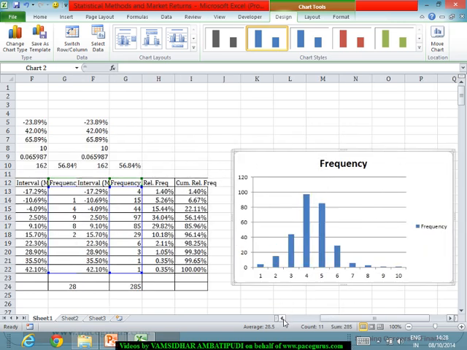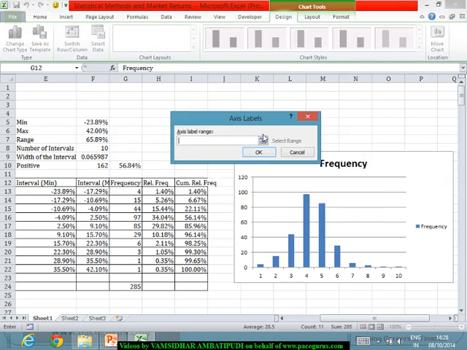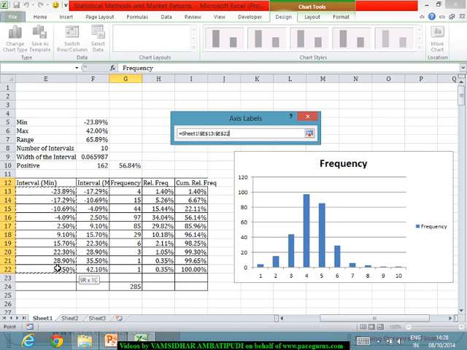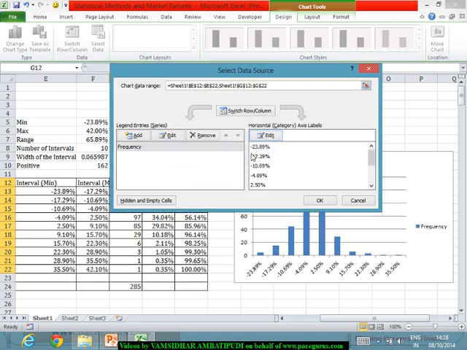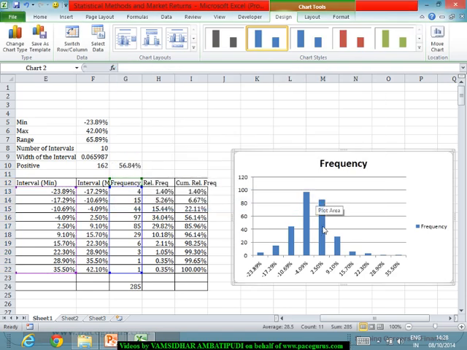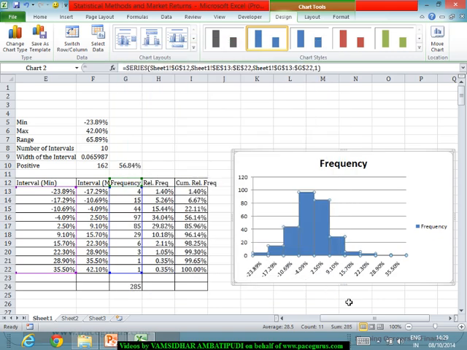So I'll plot a bar chart with the frequencies, and in Excel I can set the x-axis labels like this, and I can reduce the gap, because in our data we don't have a gap in our intervals, so even in the histogram I should not see any gap.